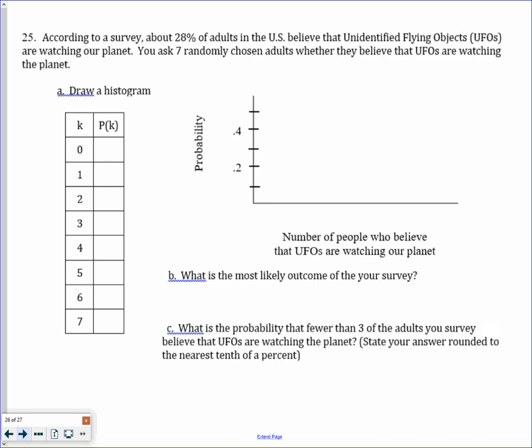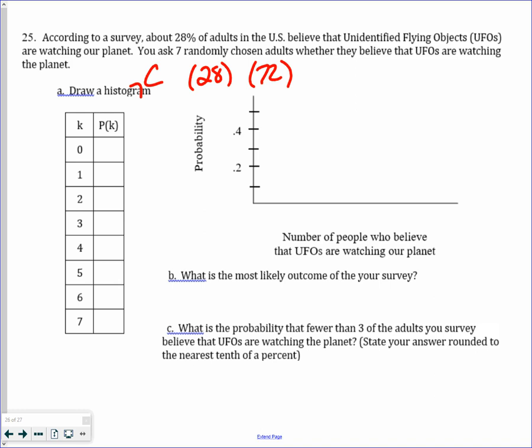Histogram. All right, there's a formula that you're going to have to repeat over and over again for each one of these. So this one's going to take you a little bit of time. So you are using a 28% success rate. It's a combination. You're asking 7 adults. And so then 72% do not believe. So now each one of these, you are going to have to fill in the K value.